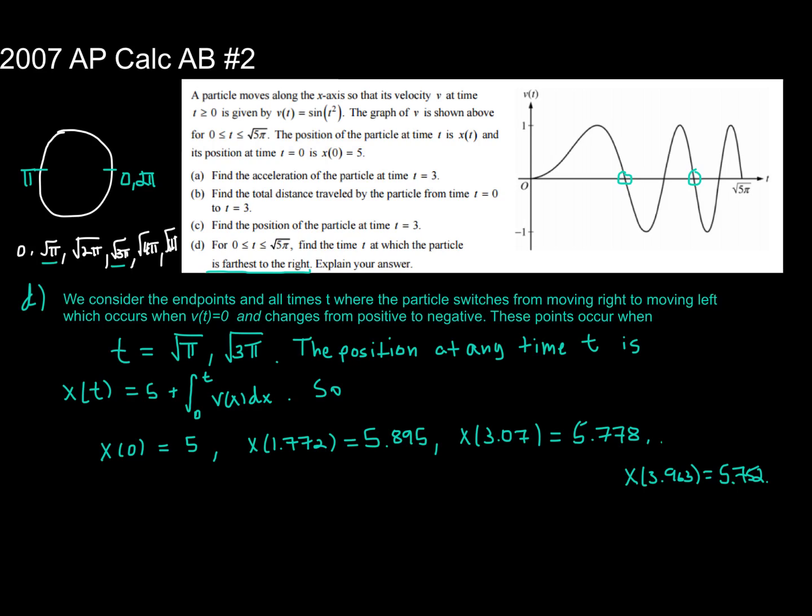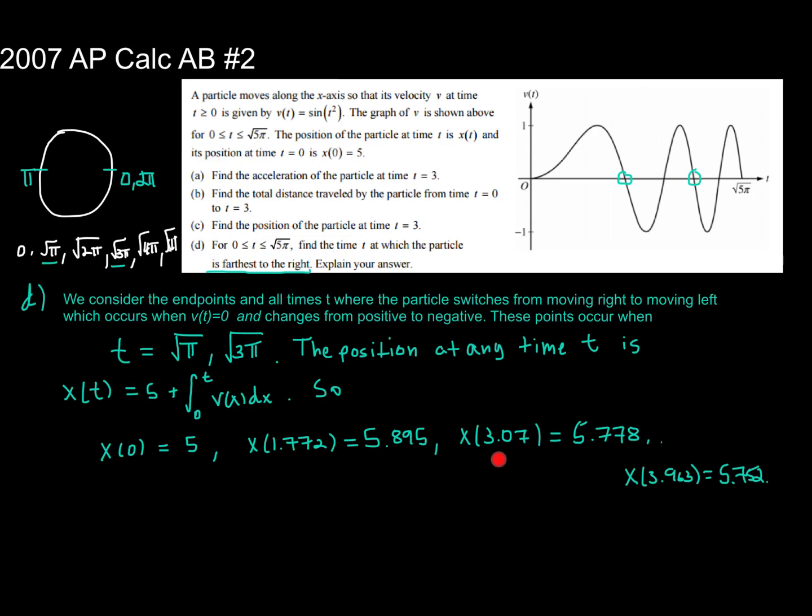And so here I have this written out. The position at any time t is given by this function here, x of t, which is simply 5 plus the displacement between 0 and t. So using all the points that I said I would consider, I have 5 as my initial position. Square root of pi, which if you found on your calculator, you'd get 1.772, gives you a position of 5.895.